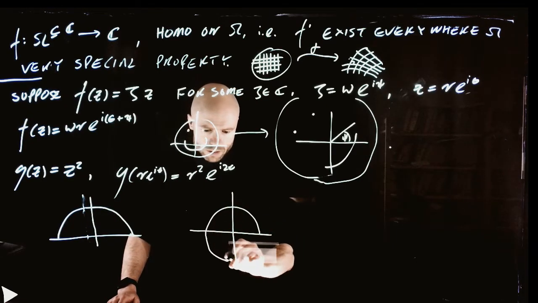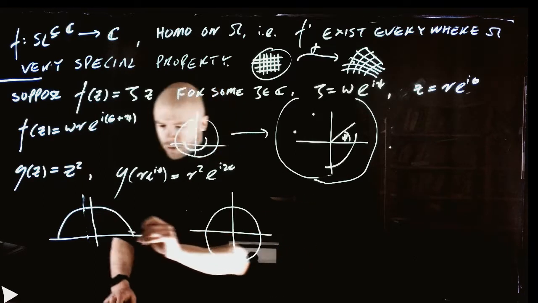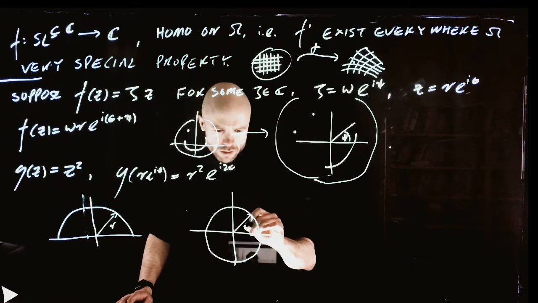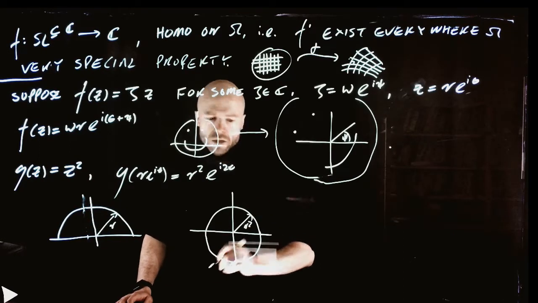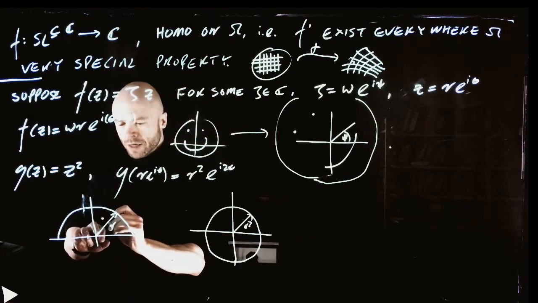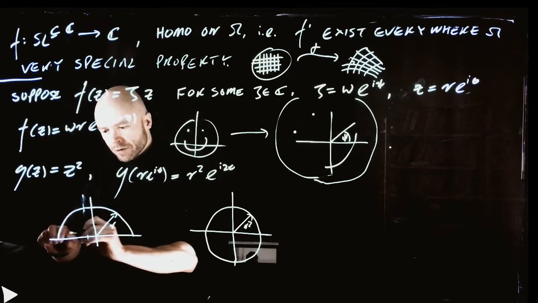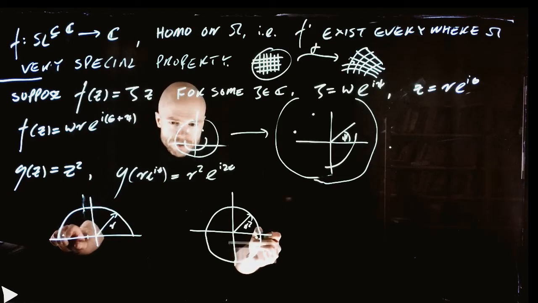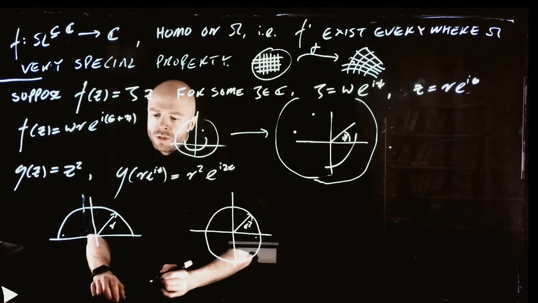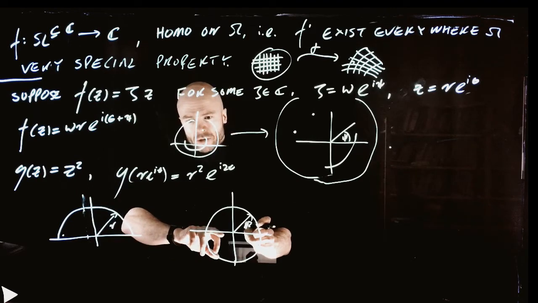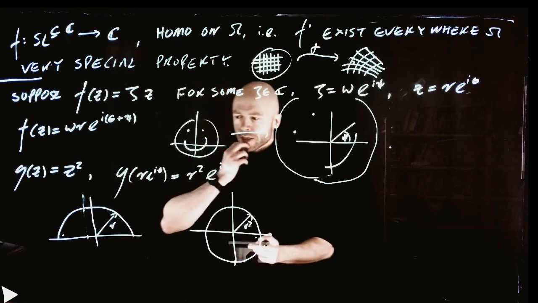If this is r, then the radius of this is r squared, and every point in here, whatever angle it has, the angle gets multiplied by 2. So this thing over here gets mapped over here, and we end up having this half circle mapped all the way around to a circle. Everybody with me? Hopefully you've seen this kind of stuff before.